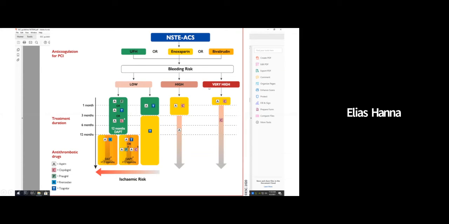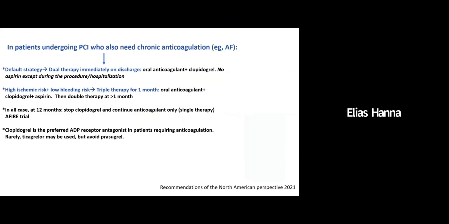If you have very high bleeding risk, and there are bleeding risk scores, you can actually use it for 1 month. They give a class 2A to use dual antiplatelet therapy for 1 month only in ACS, DES, in the ESC guidelines. So this is very new, and it's based on those few trials I mentioned before.